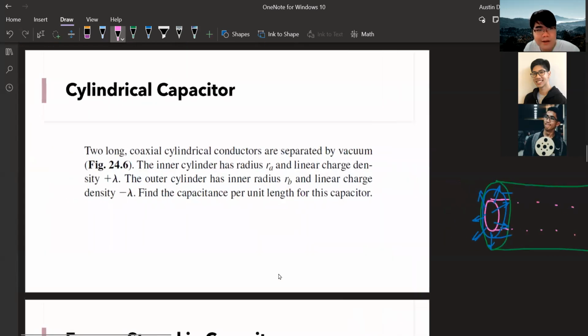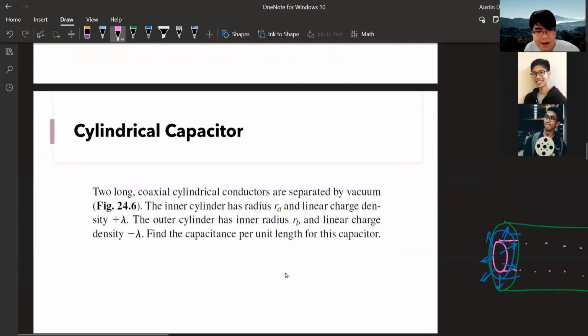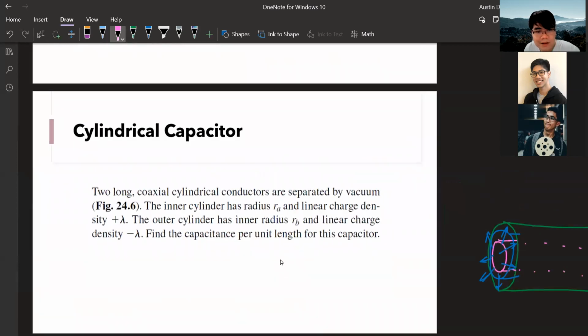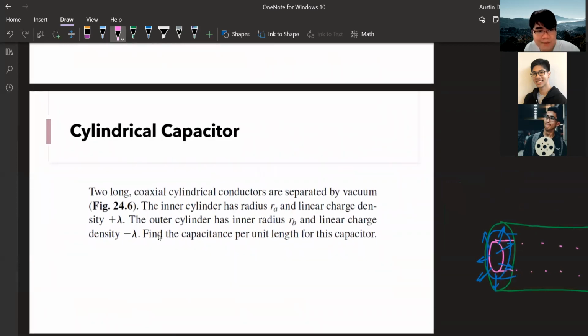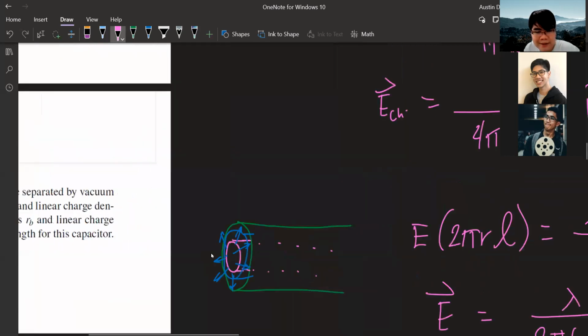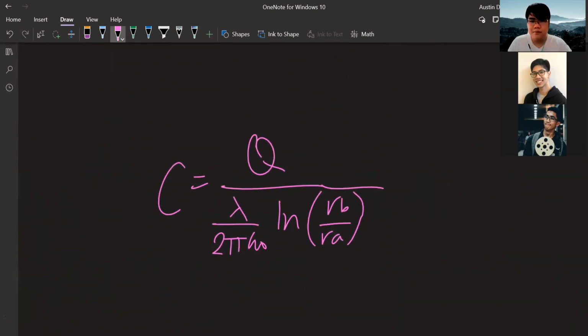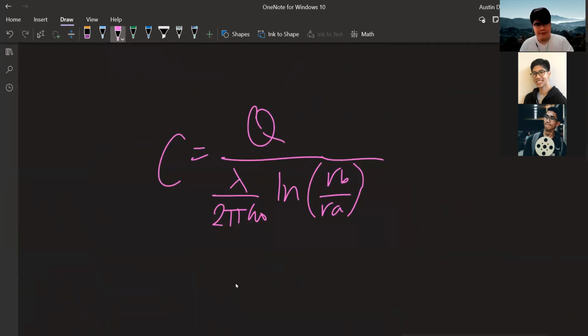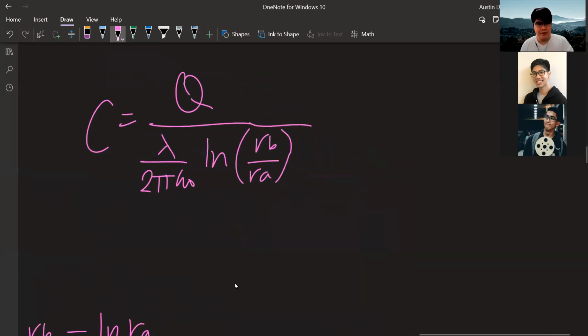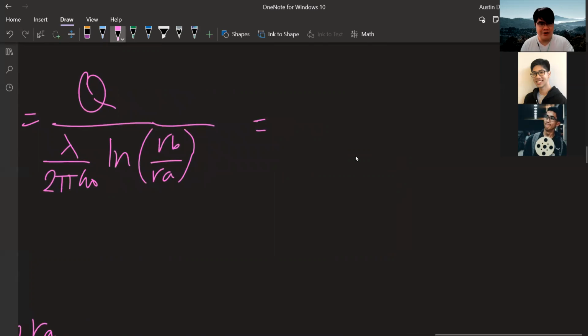Okay, continuing. So that is your cylindrical capacitor. Ang pinapahanap pala ay find the capacitance per unit length. Okay, tama naman. So let me simplify na para ma-assure ako na this is capacitance per unit length.